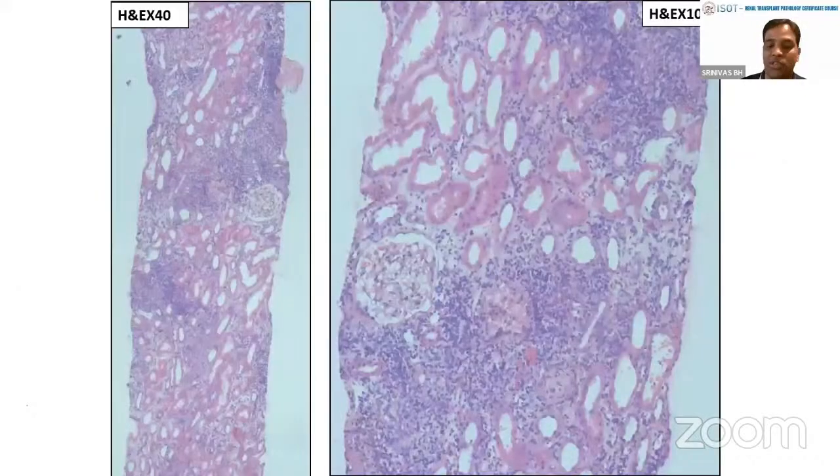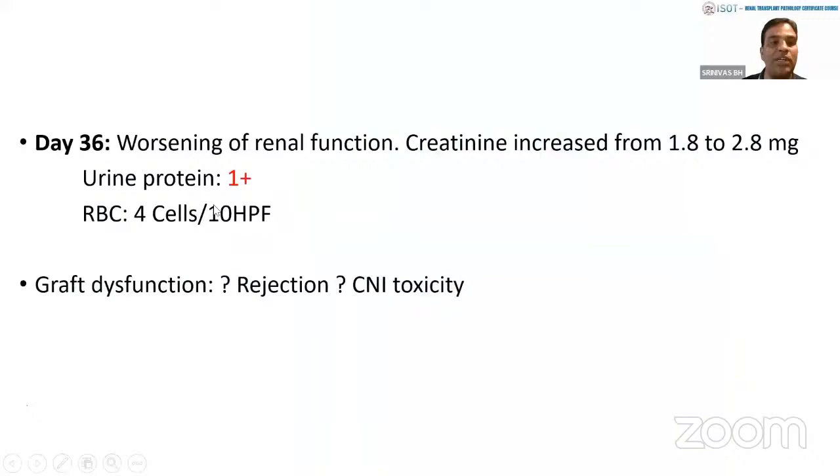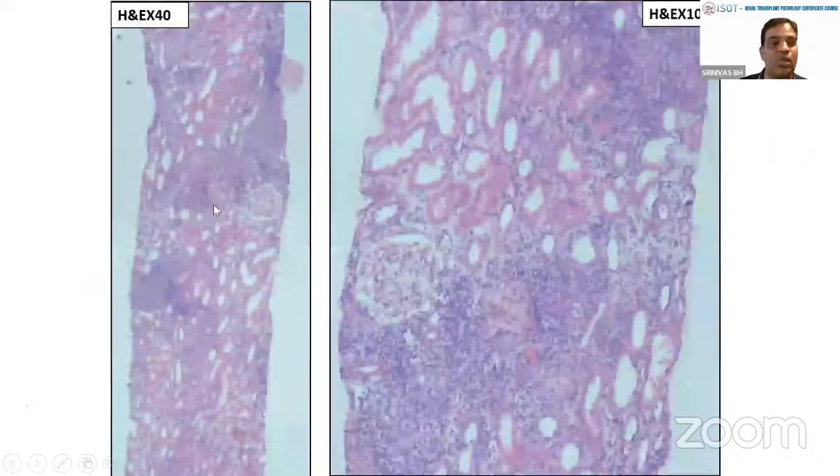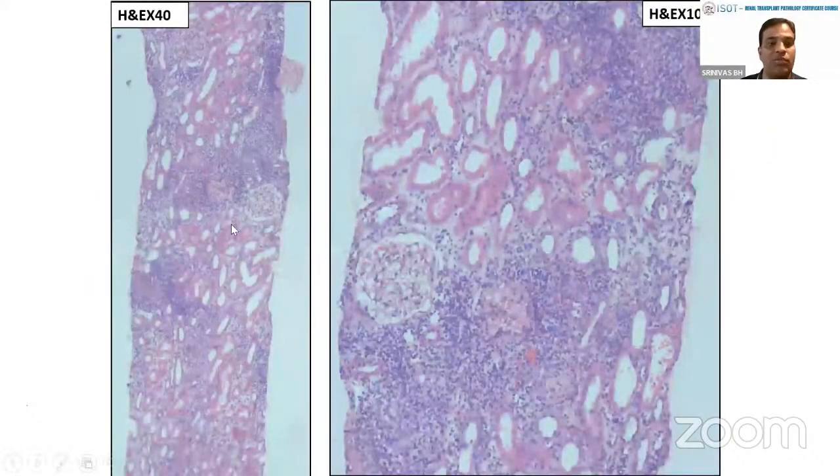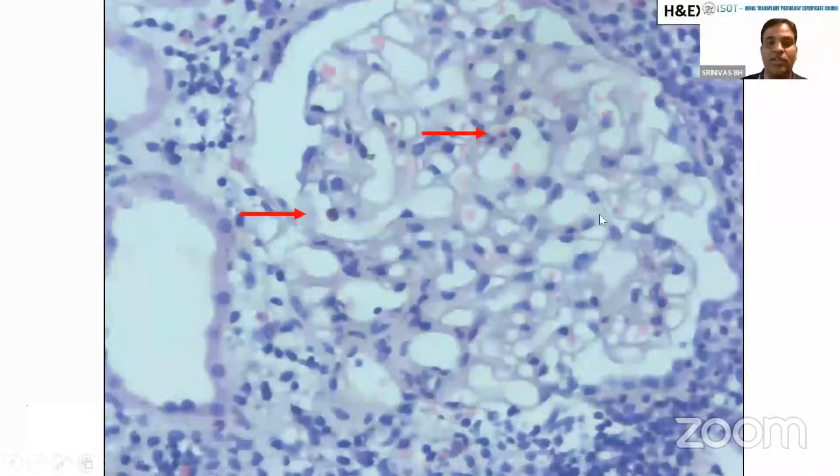Proteinuria is a little less compared to the previous two cases, 1 plus. On the biopsy, the glomeruli are normal, but the interstitium shows very significant inflammation, more than 50%, and there is evidence of glomerulitis forming eosinophilic casts.